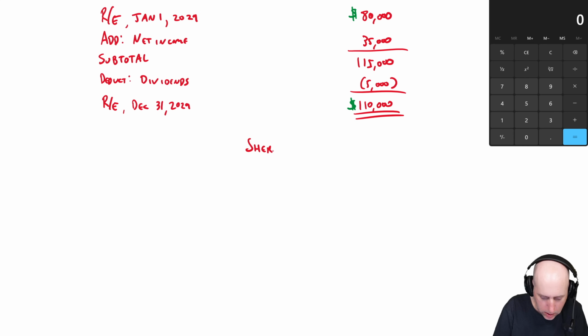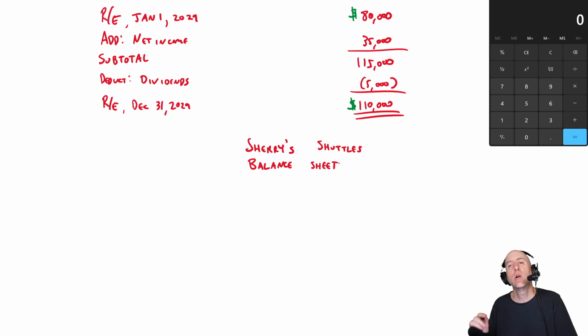Sherry's Shuttles. We are asked to prepare a balance sheet. Now, interestingly, balance sheets do not get dated for the year end or for the month end.